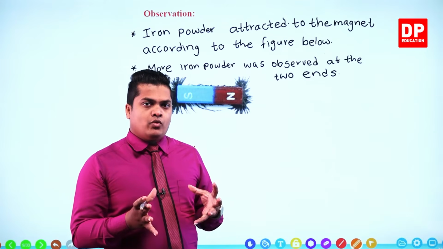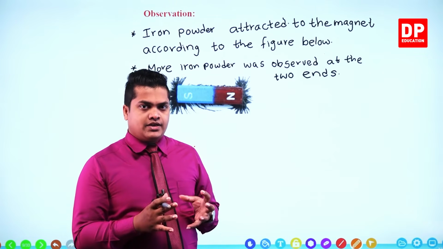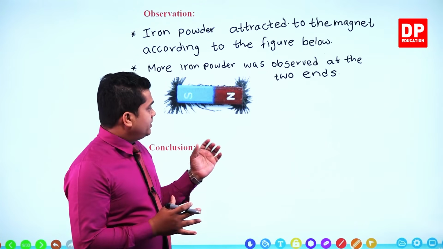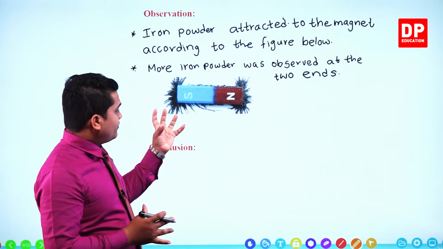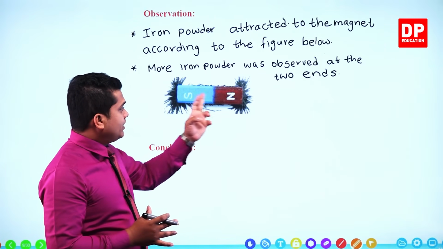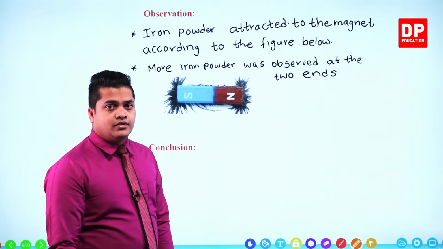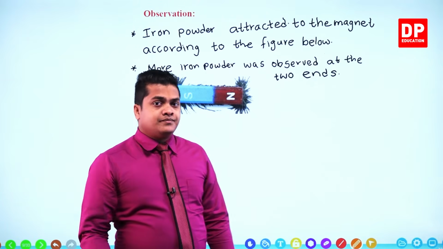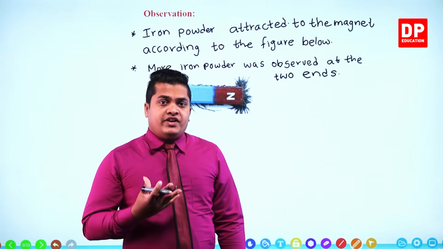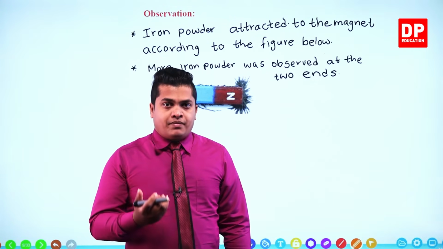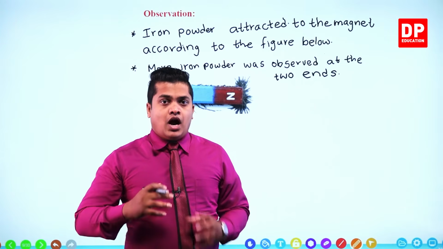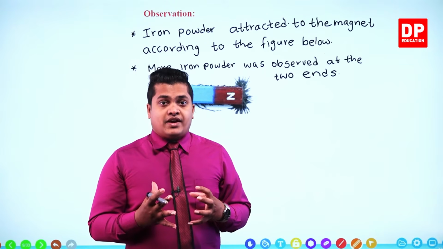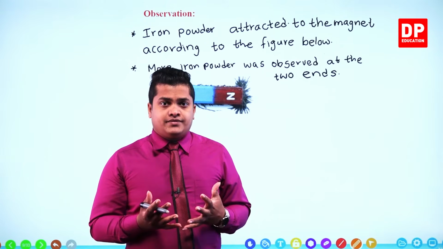Why does the iron powder get attracted to the magnet in this way? Why is more iron powder attracted to the ends of the magnet, or to either side of the magnet? It's because the magnetic power is getting concentrated.